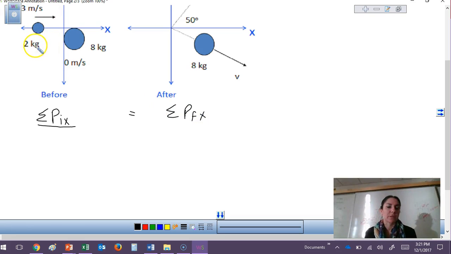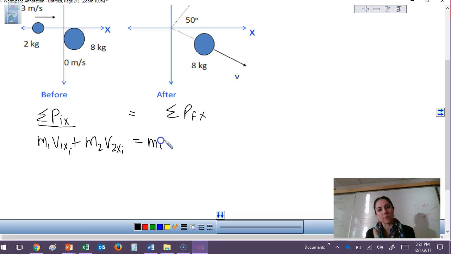This object has a completely vertical velocity right here. So I could write the momentum of its horizontal part like this. It'll be m1, I'll write it symbolically first, v1x, and then same thing, plus m2 v2x. And these are, of course, all the initial parts. This has to equal m1 v1xf plus m2 v2xf.